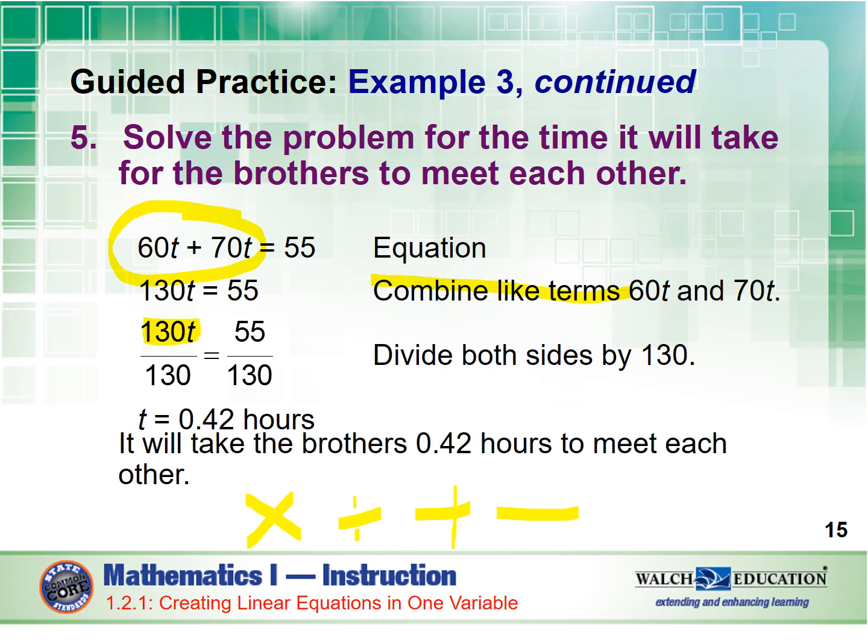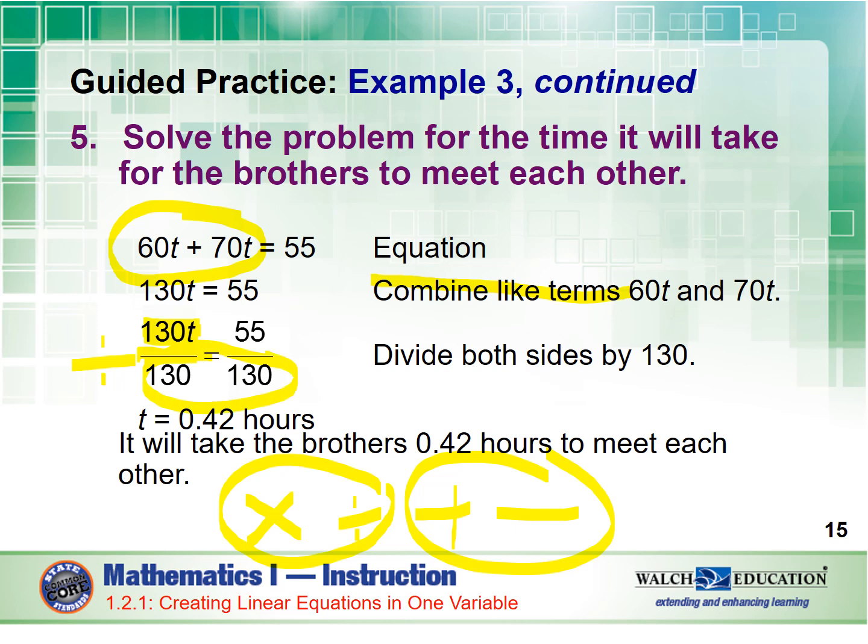And in order to undo multiplication, the opposite of multiplication is division. So that's where you divide by 130. That fraction bar is the same as divide. So 130 divided by 130. And what you do to one side in an equation, you have to do to the other. So that's why you see 130 on both sides.